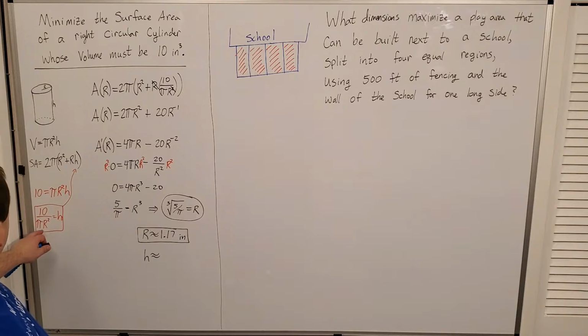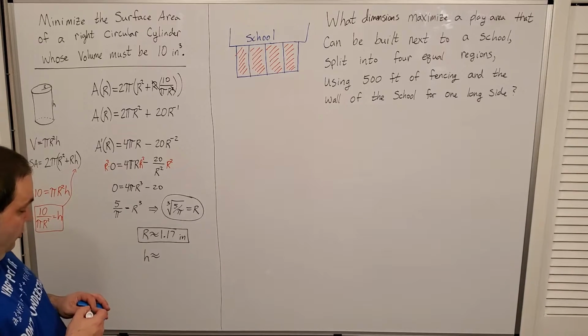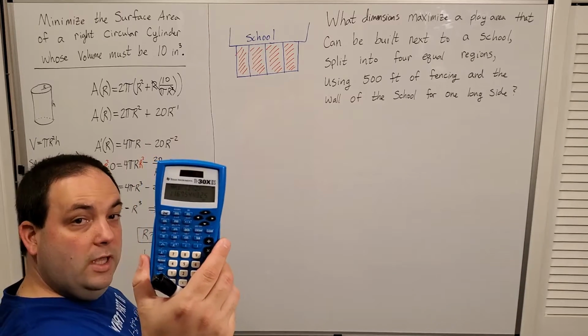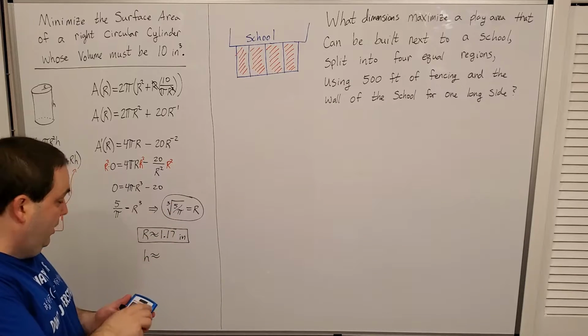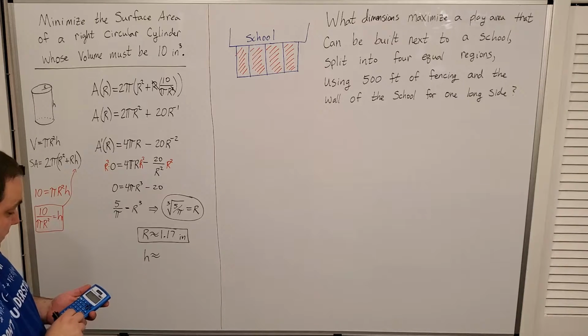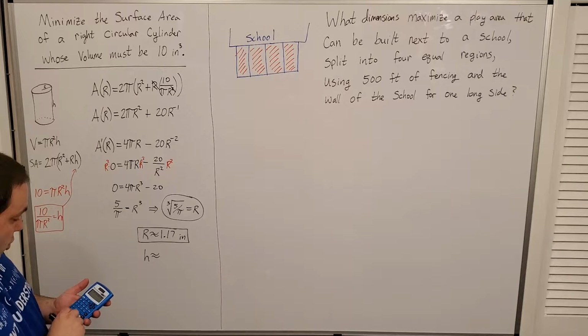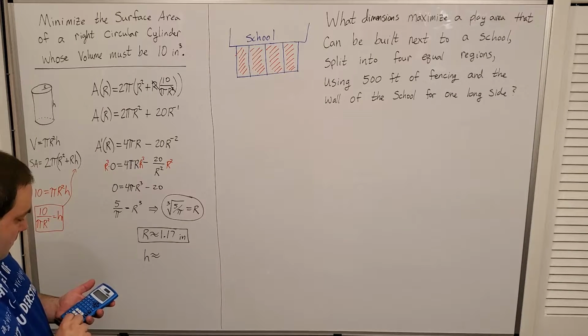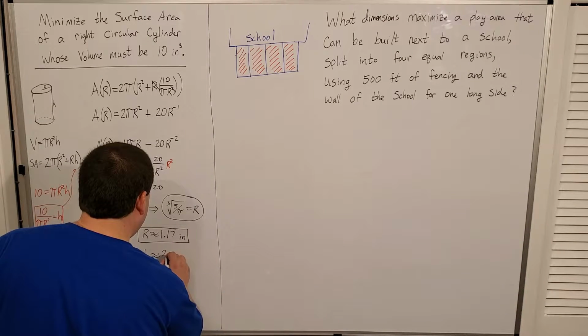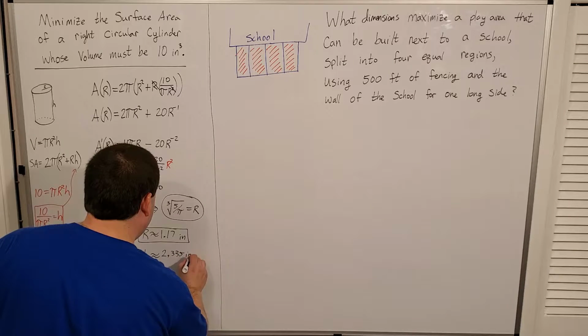Well, I would have to plug the r into this right here. I would have to do 10 divided by pi times r squared. I've already got this in my calculator's memory, this calculation, so I'm going to use the previous answer key. I'll do 10 divided by parentheses pi times previous answer squared. And I get 2.335 inches.